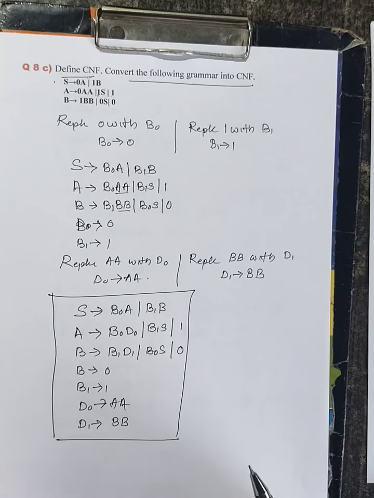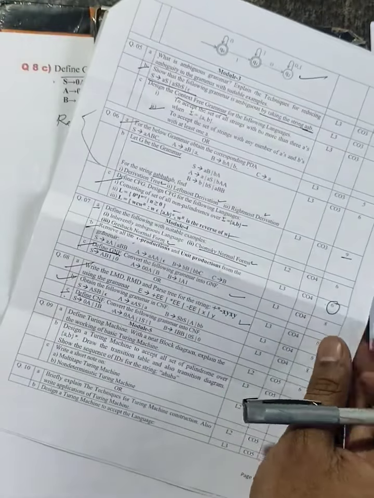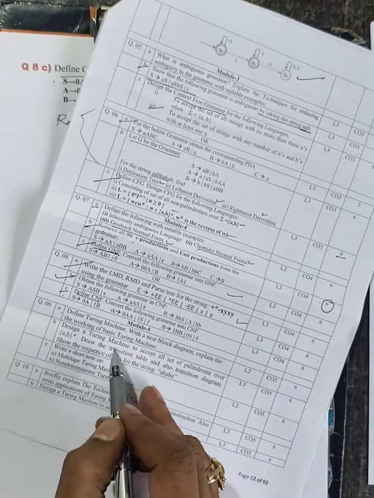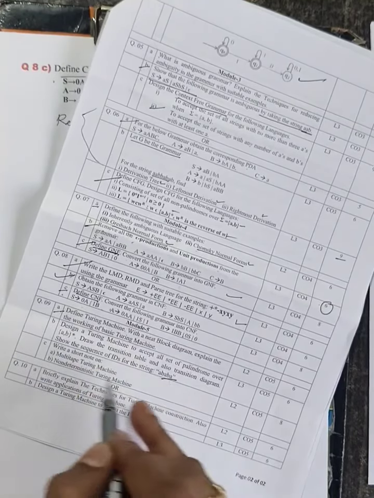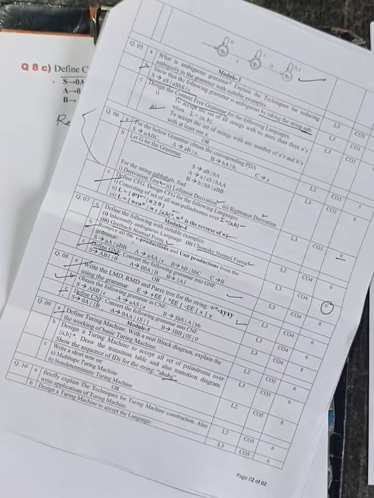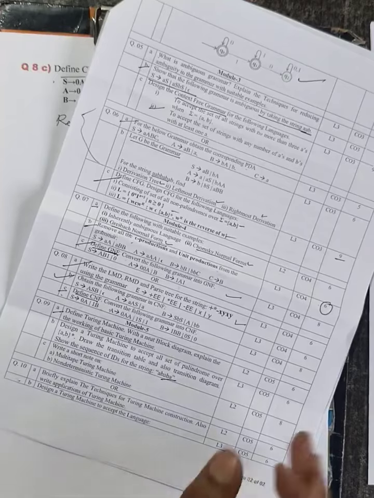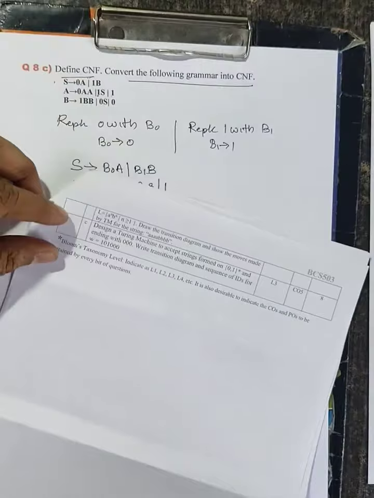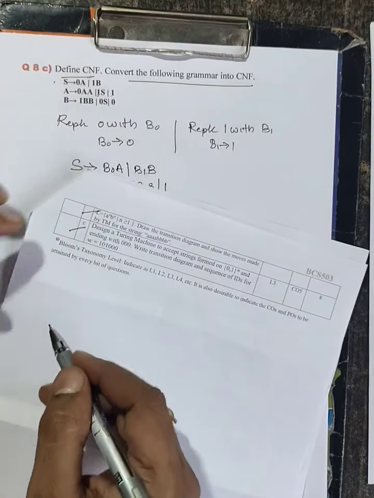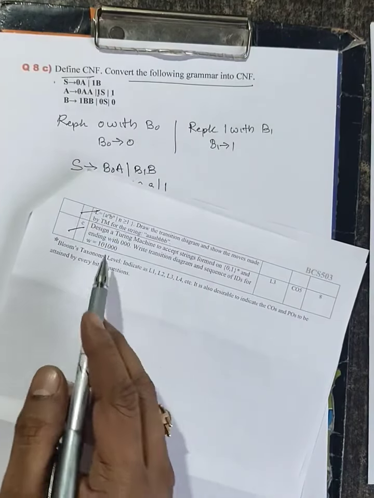Then explain 4 tuples of grammar. This is grammar in CNF. This is question number 8C. The question number 9A is theory questions. You can read. Question number 9 A, B, C are theory questions. Question number 10 A, B are again numerical questions.